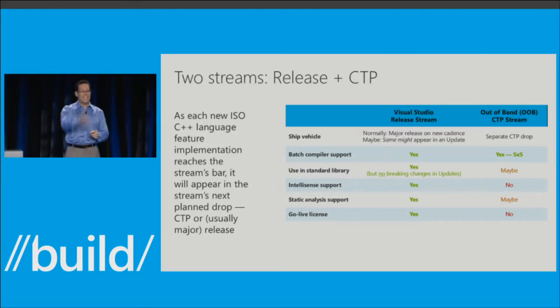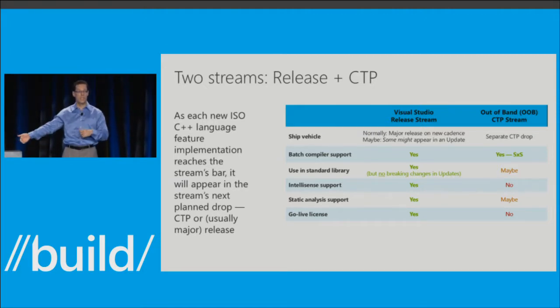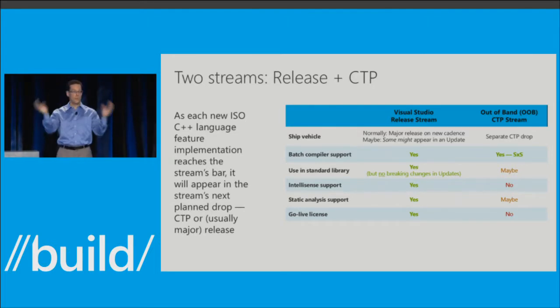To actually release a product in Visual Studio, it also has to have IDE support, IntelliSense, debugger support, static analysis, and a higher quality level before we'll release that. So as each feature reaches those bars, it can be a candidate to go in the next scheduled CTP, the next scheduled RTM. And that first stream, RTM, depends on Visual Studio's cadence. And so as Visual Studio decides, we'll snap to that and we'll ship features as they become available in that.